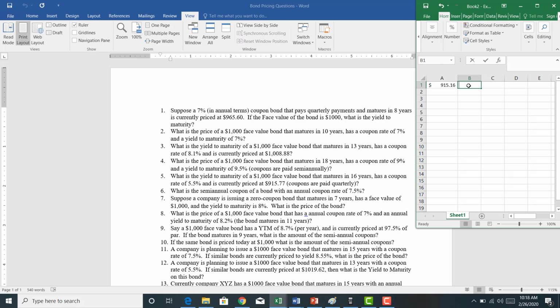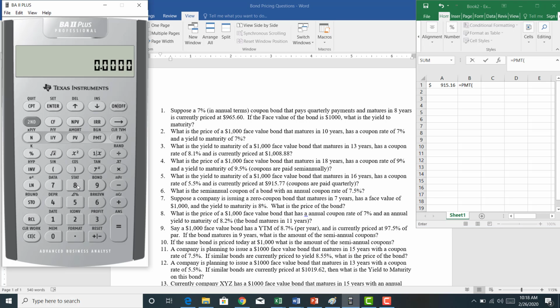So what I'm going to do here is enter payment or equals payment. Now it's important to understand in problem 9 the yield to maturity is 8.7%. I'm solving for the semi-annual coupon, so I've got to divide the 8.7%, which is specified in annual terms, into a semi-annual rate, which is 0.0435.